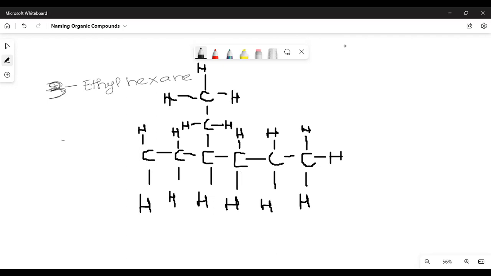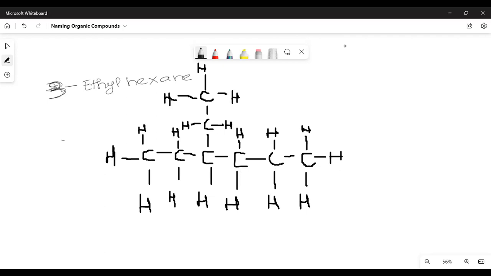Wait, that is a bit odd. Is this it? Your structure is still missing one hydrogen atom. Now that's good. Yeah. That's it. Perfect. You've drawn correctly.